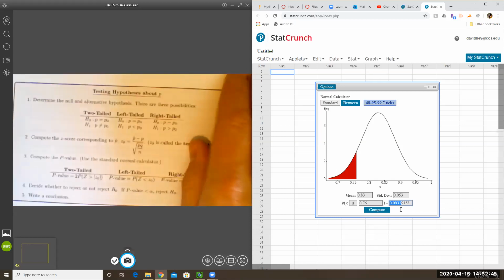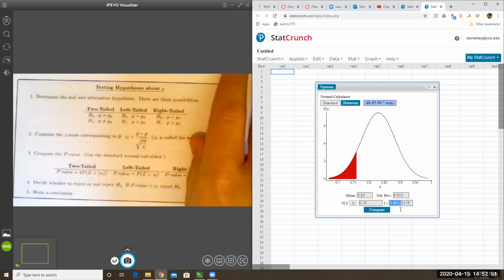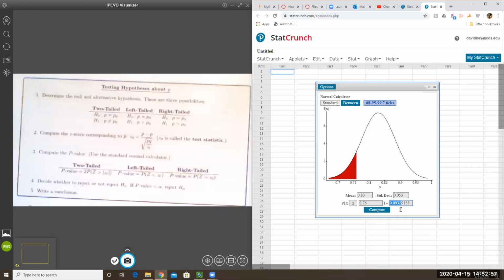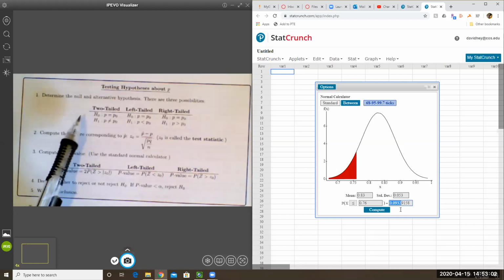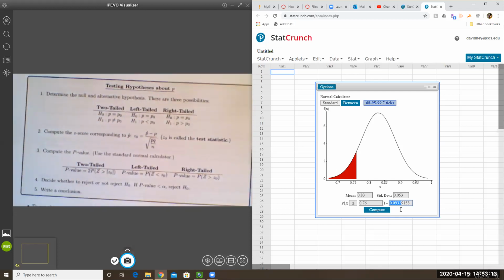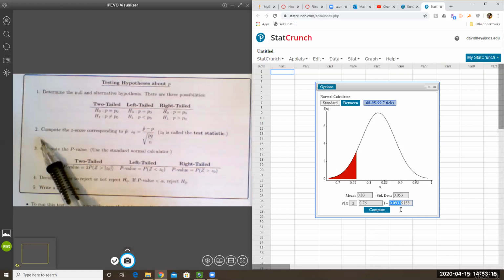But here is our process in general for testing hypotheses about a proportion p. We're going to use a 5-step procedure. Step 1 is to determine the null and alternative hypotheses. Remember from the previous section, there are 3 different kinds of tests we can run: a two-tailed test, a left-tailed test, or a right-tailed test. The second step is to compute the z-score corresponding to our p-hat value.